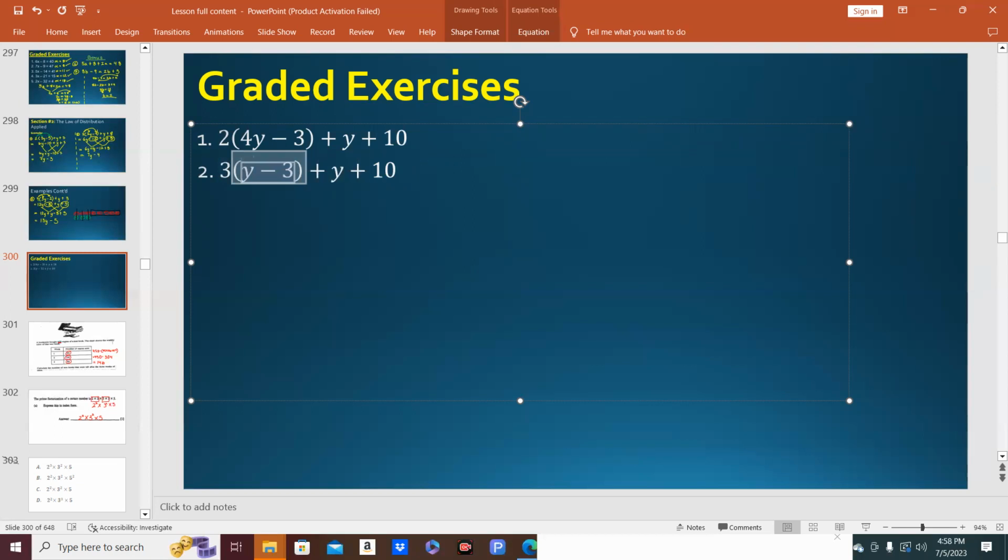3, open bracket 2y minus 4, close the bracket, plus y, plus 4.